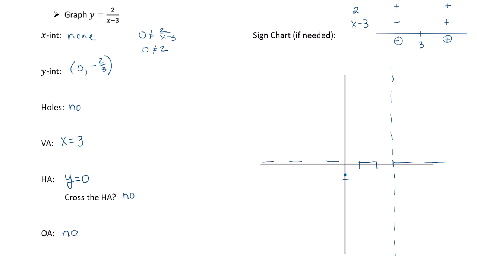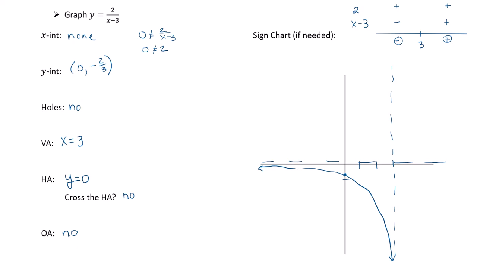I know I'm going to have to start from including this point that I have. As x approaches negative infinity, y is approaching that horizontal line. And as x is approaching 3, y is approaching negative infinity here. Now this is where the sign chart might come in handy.